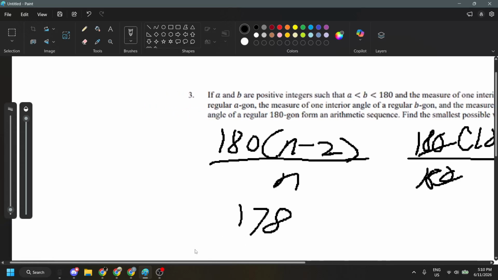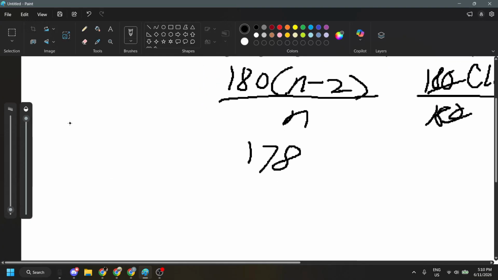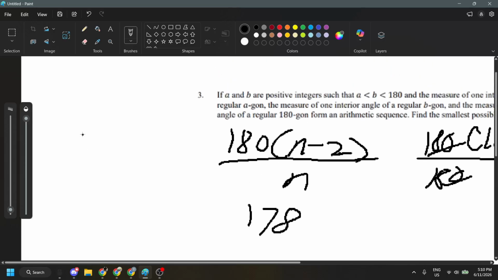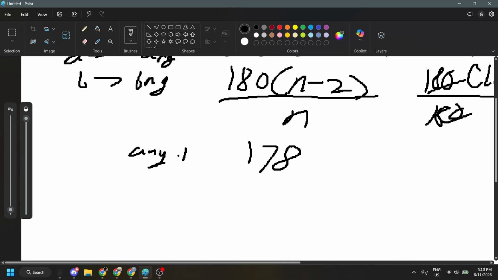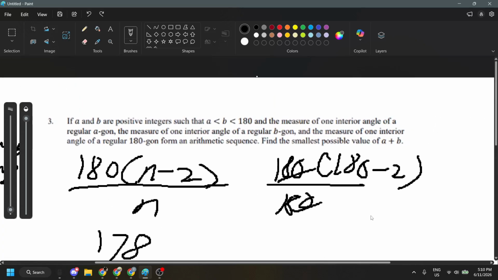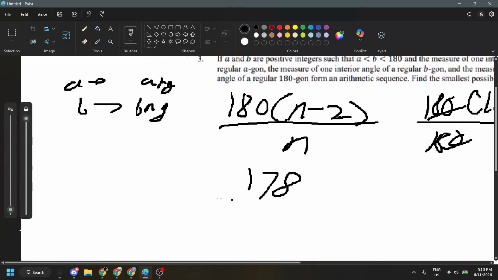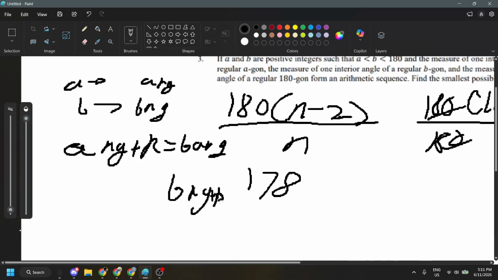Okay. We need to find two integers such that if we go from a to the a angle, and b to the b angle, they form an arithmetic sequence. So a angle plus k is equal to b angle. B angle plus k is equal to this.